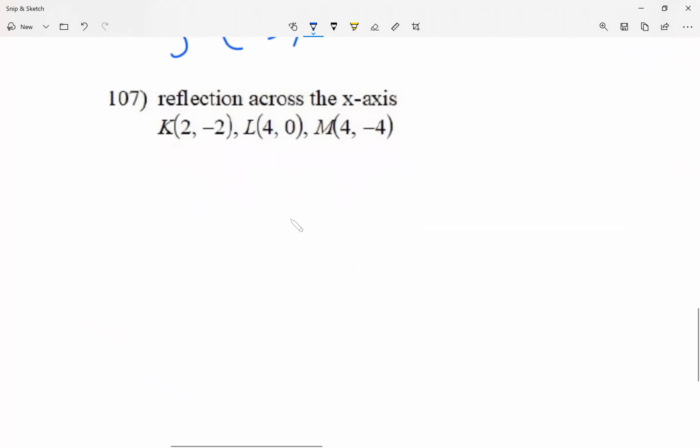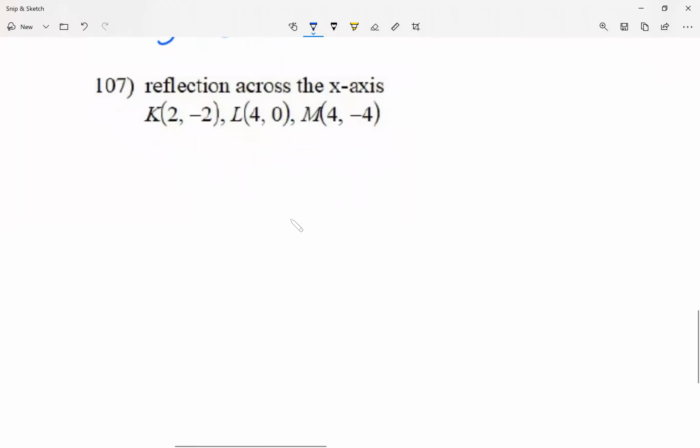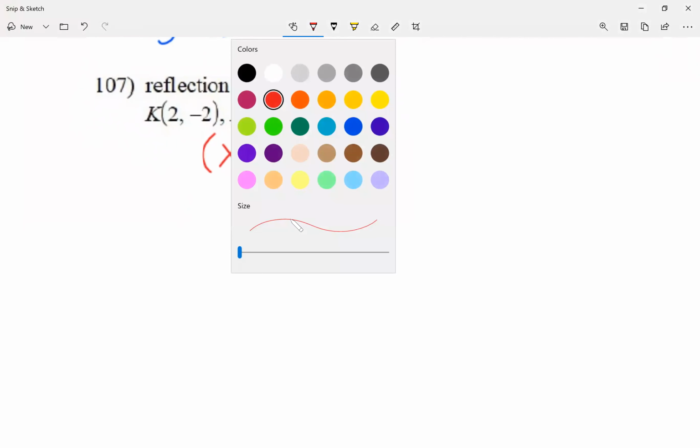Lastly, question 107, reflection across the x-axis. Okay, so let me go back to my notes. Question number 51. Reflection across the x-axis is xy becomes x negative y. So what that means is I'm just going to switch the sign on the y.